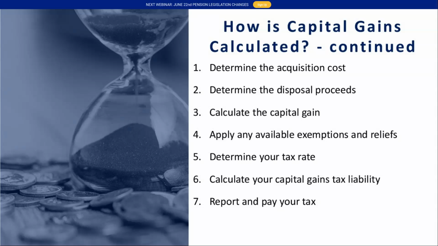Step number 5, now we've got to determine your tax rate. The rate at which you'll be taxed on your capital gains depends on your income and the type of asset that you've sold. The standard CGT rates in the UK, I've touched on them already, would be 10% for basic rate taxpayers, 18% for basic rate taxpayers on disposal of UK property, and 20% for higher and additional rate taxpayers, or 28% for higher and additional rate taxpayers on UK property.